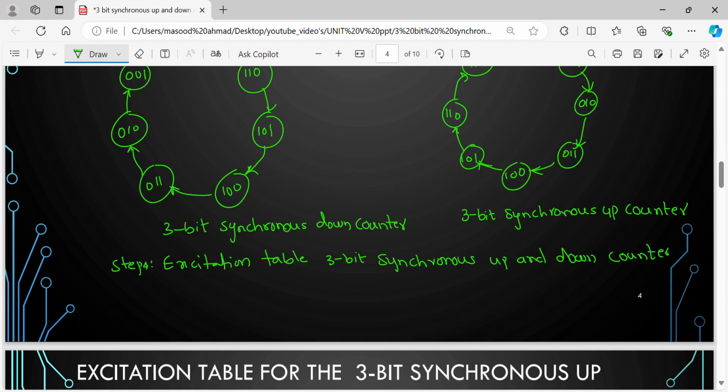What will be there in this step 4 is we will be looking at the present state, then we will be looking at the next state.